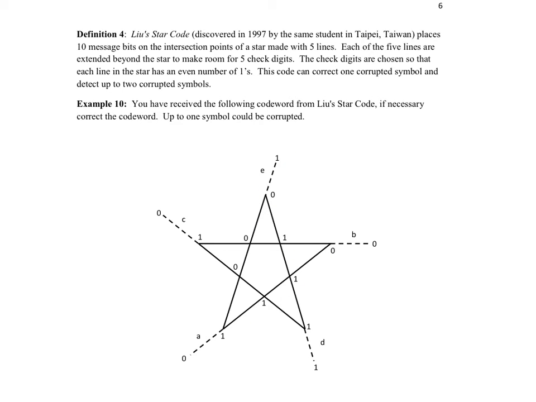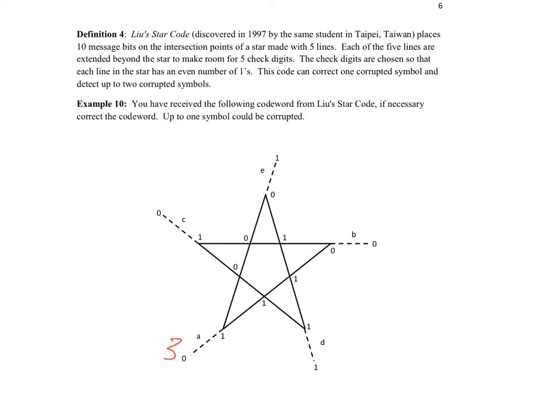So let's go ahead and do the error correction on the star below. So if we check line A, we would check along here and we count the number of ones. So 1, 2, 3. So there's 3 ones on A. We'll write the 3 down. Already that's a problem. This number here is supposed to be even.